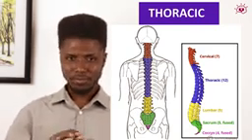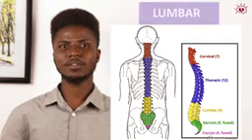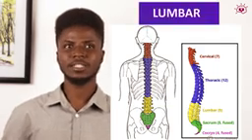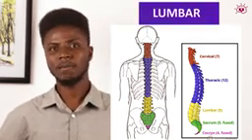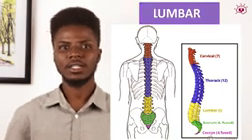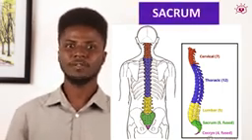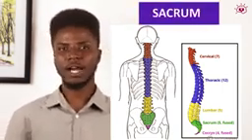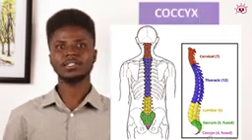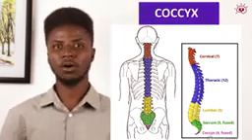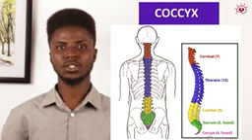Then we have the lumbar vertebra, that is the vertebra of the higher abdomen. Then we have the sacral vertebra, the vertebra of the lower abdomen, and finally we have the caudal vertebra, or the vertebra of the tail region.